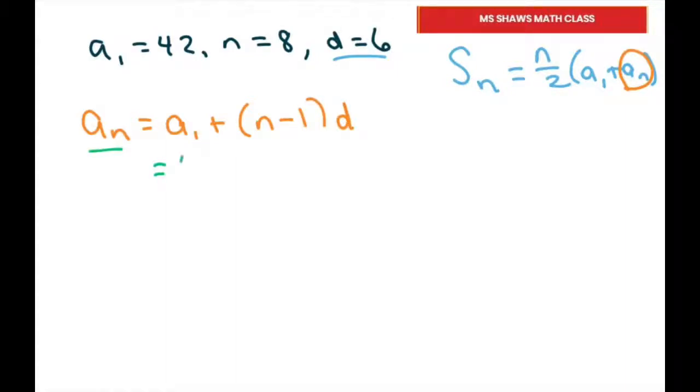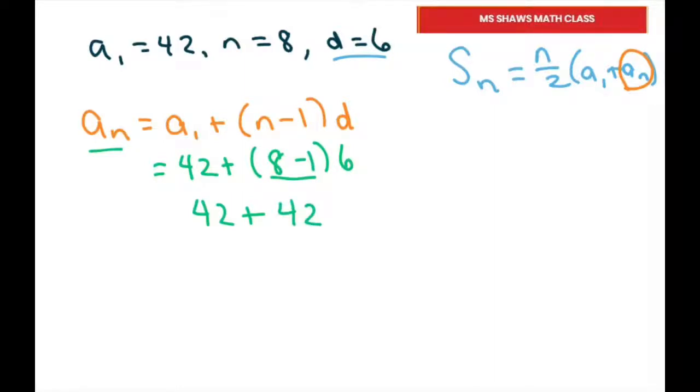So your first term is 42, your n is 8, and your common difference is 6. So you get 42 plus 7 times 6, which is 42. So this equals 84. Now we can use our formula.